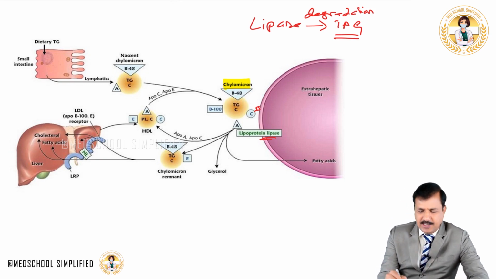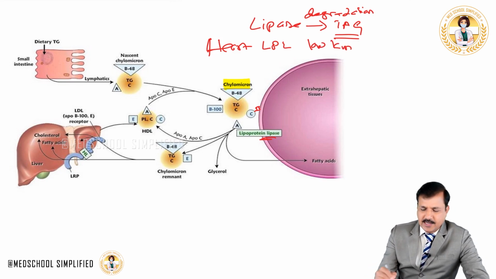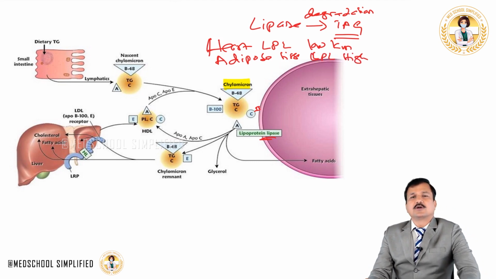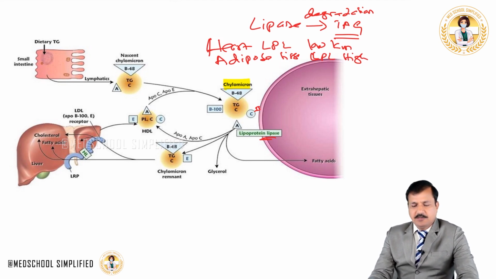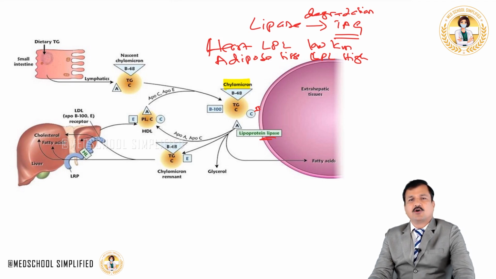That lipoprotein lipase, LPL, heart LPL, I'll write it like this, heart LPL has low Km for triacylglycerol, whereas adipose tissue LPL has got high Km for triacylglycerol. So that means heart LPL has got higher affinity for triacylglycerol compared to adipose tissue lipoprotein lipase having lower affinity.